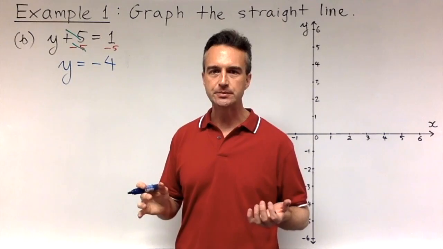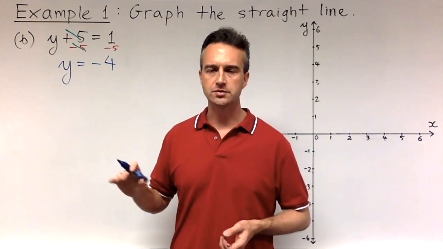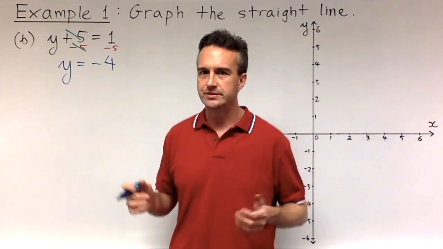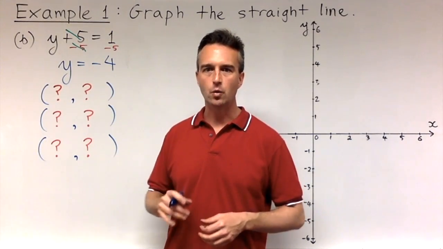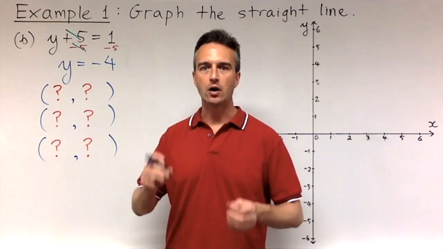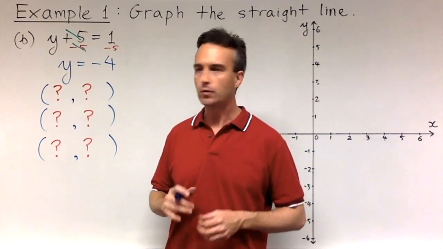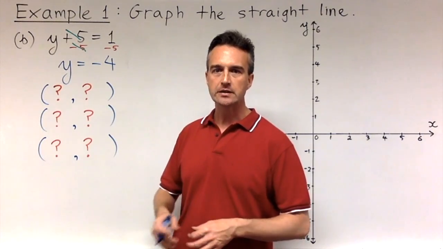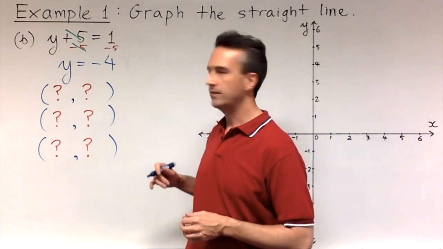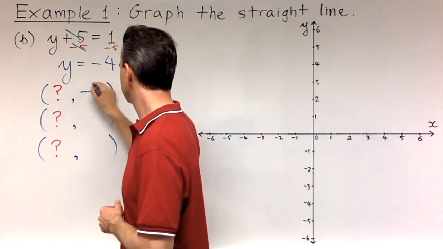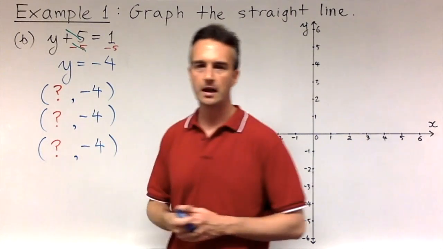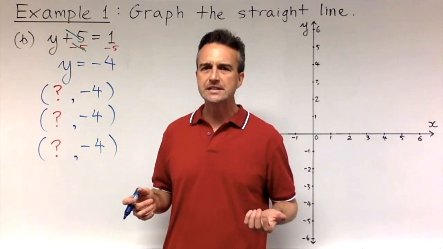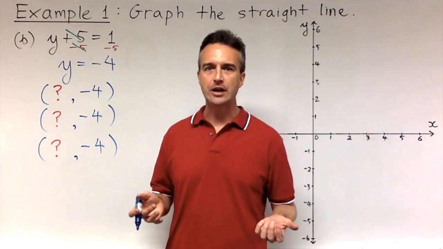Now it's in the form y equals something. This is definitely going to be a vertical or a horizontal line. But which is which? Let's make our 3 points. This time, the y coordinates for each point are always going to be negative 4. Let's put negative 4 for all the y values. And for the x values, you just choose any real numbers you like.